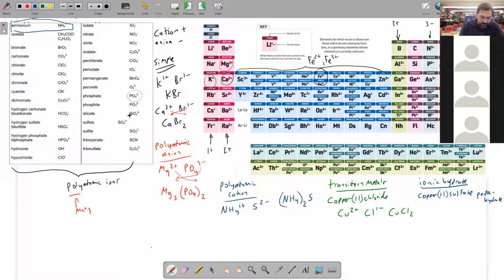The sulfate anion is SO4. So if it's copper 2 sulfate, it must have just been CuSO4. And then for the pentahydrate, we put a dot and write what the Greek prefix is for that number. Penta goes with 5. So it's 5H2O. The hydrate is always an H2O group at the end.